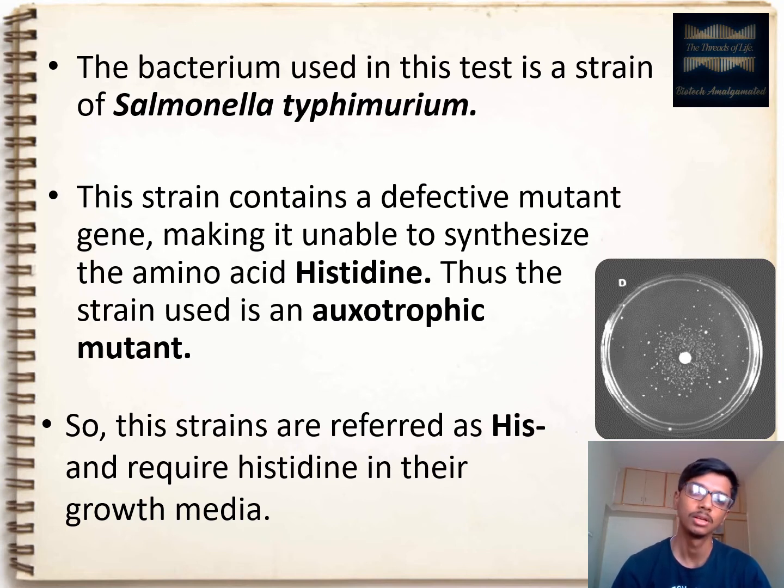Suppose you are giving a little bit of chemical that causes a change in the genome of the Salmonella, of the bacteria or any species, which helps the organism to synthesize a particular protein that it couldn't synthesize earlier. These types of strains are also known as auxotrophic mutants. That is, they can gain the ability to synthesize a particular amino acid in the presence of some kind of chemical.